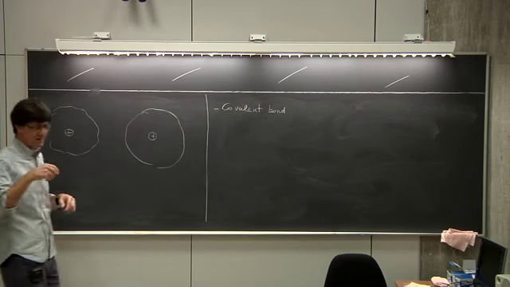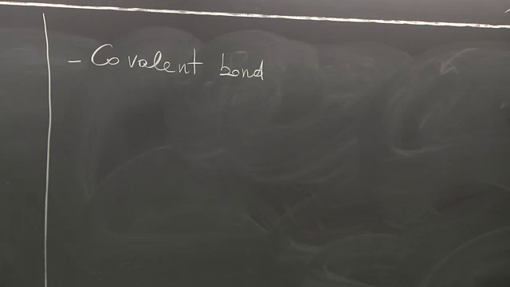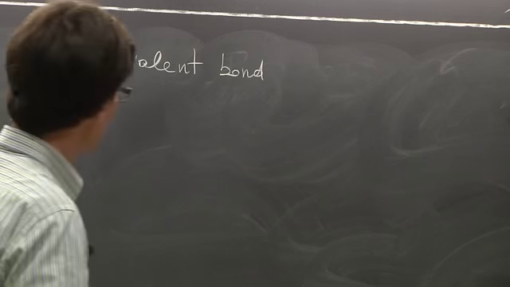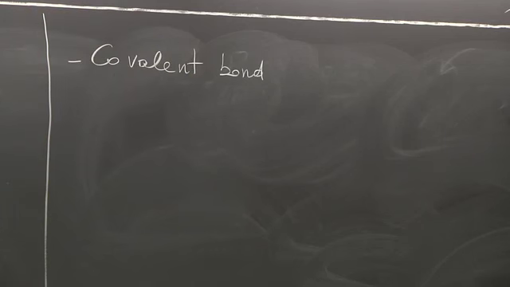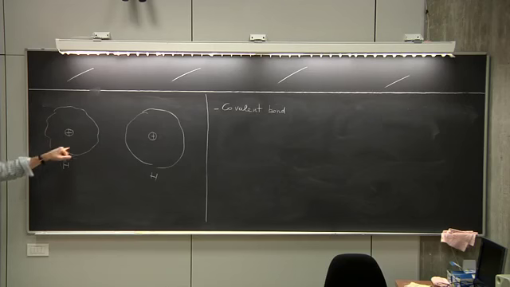We are going to discuss this in quite some detail next time, but let me just describe it very qualitatively at this stage. A covalent bond typically takes place between atoms that are very similar. If the two atoms are identical, for example, take two hydrogen atoms, each with a single proton and a single electron.